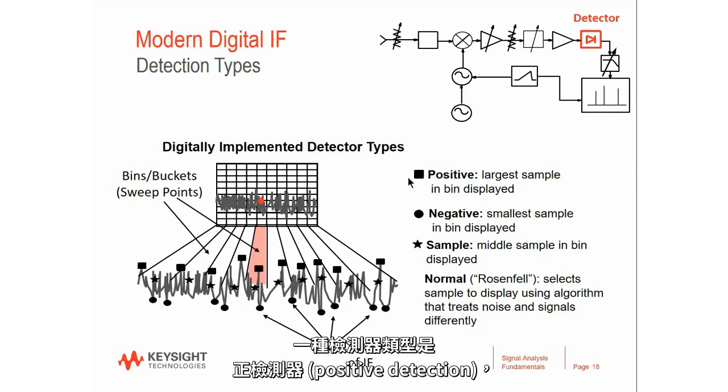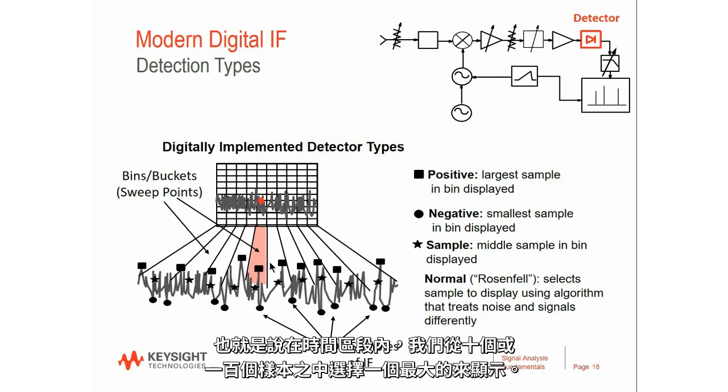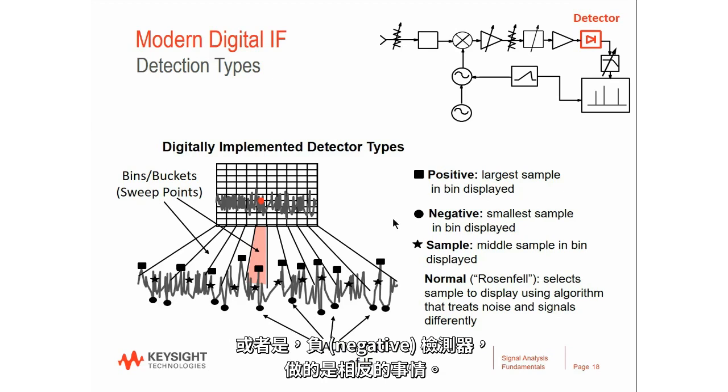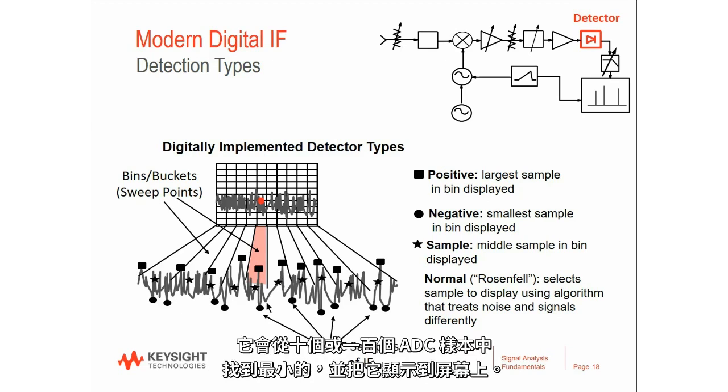One detector type is positive detection, and that obviously means that out of these 10 or 100 samples during this time interval, we're going to pick the largest one and choose that one to display. Alternately, a negative detector is going to do the opposite. It'll find the smallest ADC sample out of the 10 or 100 samples and choose that one to put on the screen.